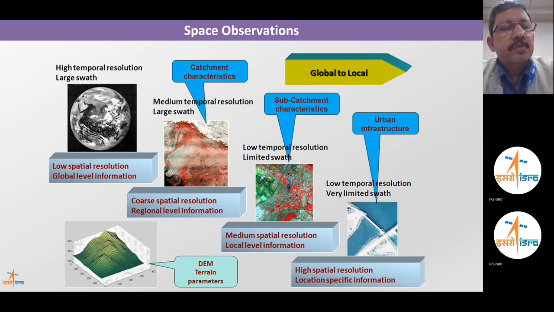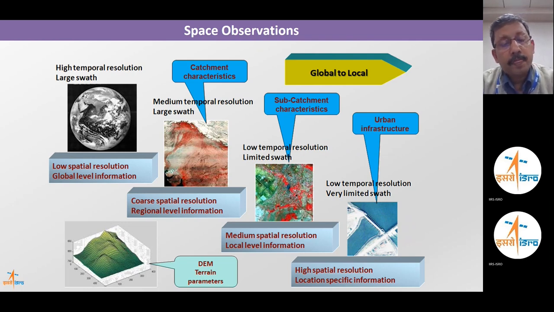So when we talk about space-based observation, we have the entire gamut of observation, right from a very high temporal resolution of every 15 minutes to a very detailed resolution of some 20 to 40 centimeters, where you can detect the various damages to the infrastructure.